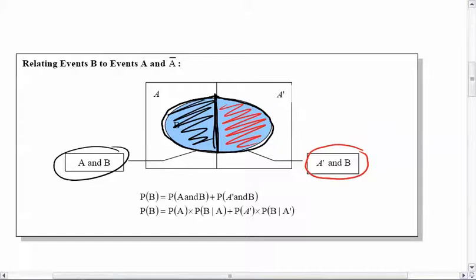And that's what's described by this equation down here. But mostly we're going to solve these problems using a tree. So you don't have this formula on your IB exam because most conditional probability questions will just be solved using a tree. So this part here represents the red highlighted part, and this part here represents the black highlighted part.